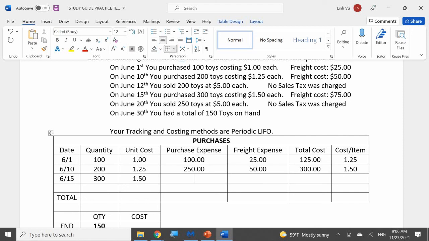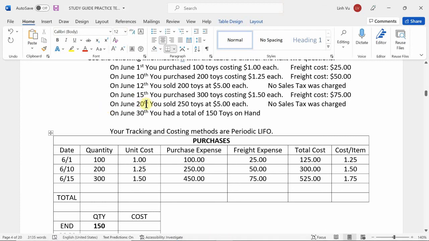That should give you 450, plus freight cost of 75 should give you 525. So what is my cost per item here? $1.75. And of course, the next one is another sale.